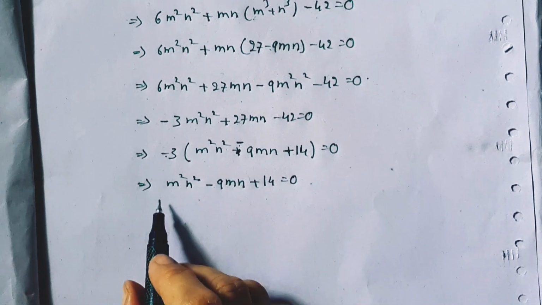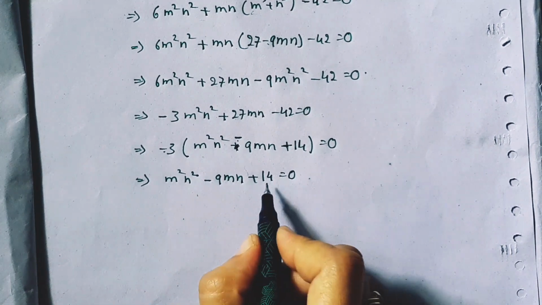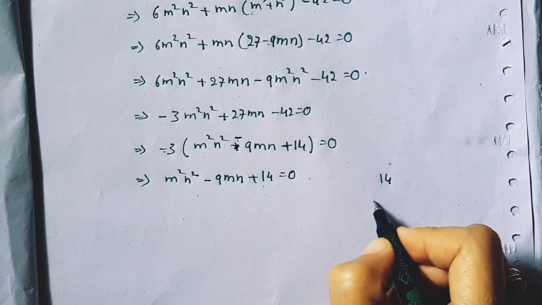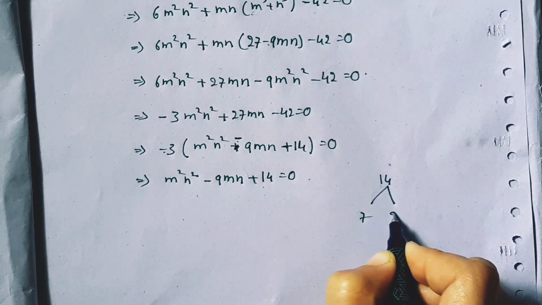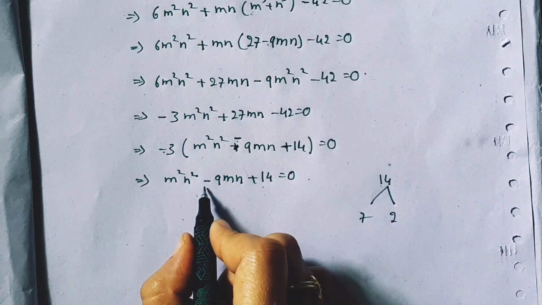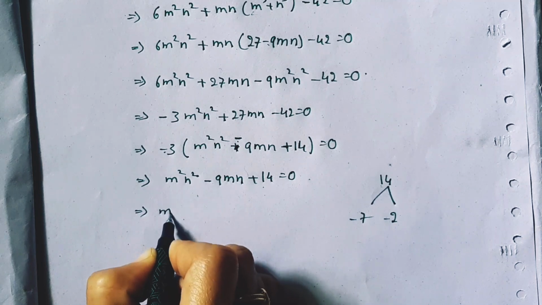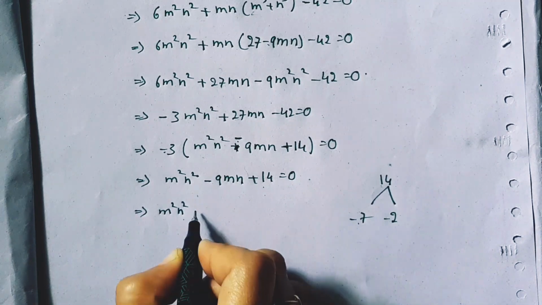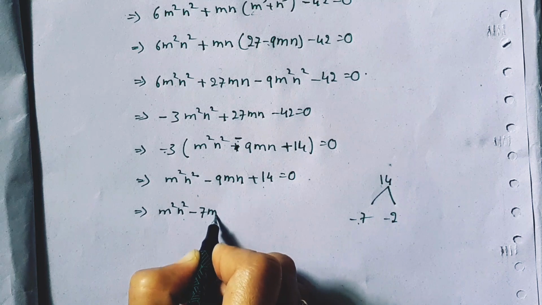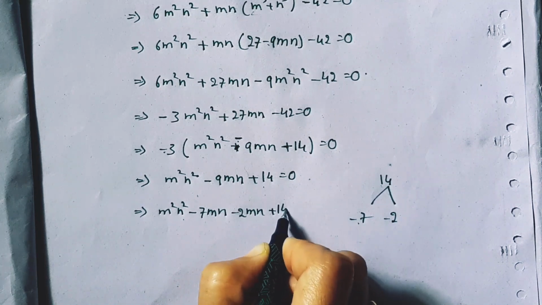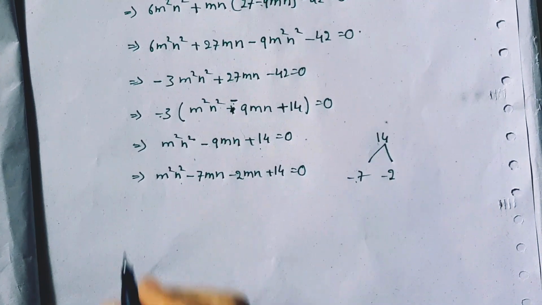Now we need to find the factors of 14. Here 14 is 7 times 2. Here already 9 is there, that's why we are taking minus minus here. That implies m square n square minus 7mn minus 2mn plus 14 equal to 0.